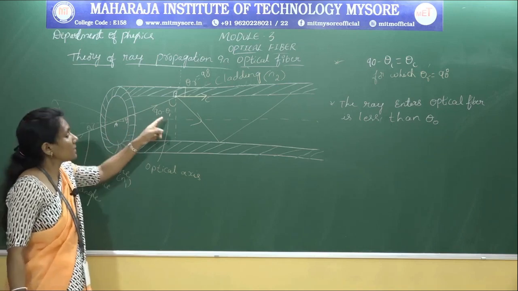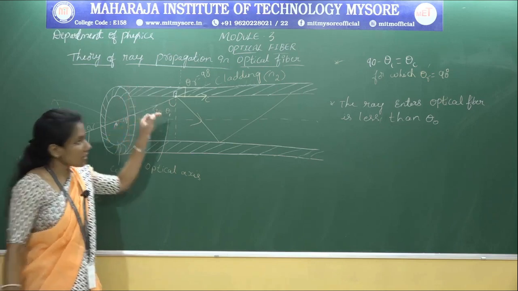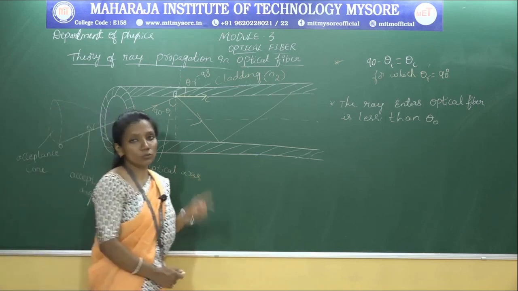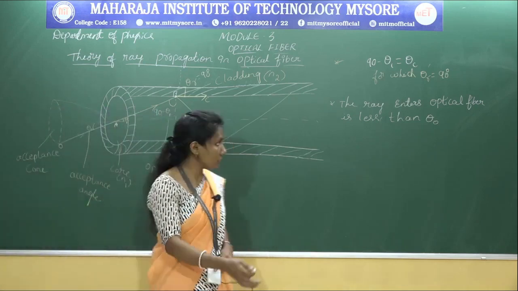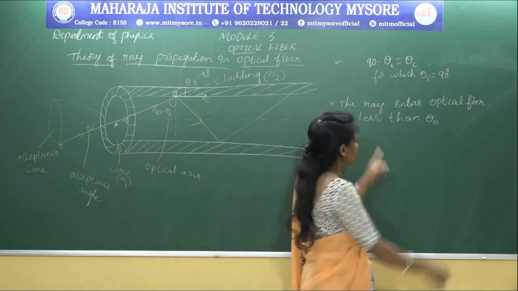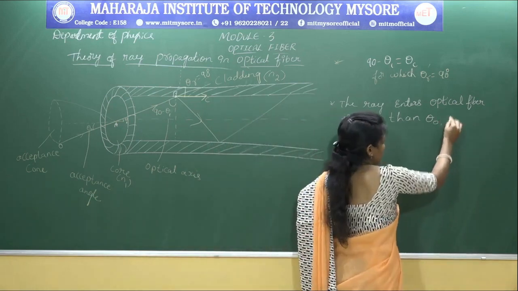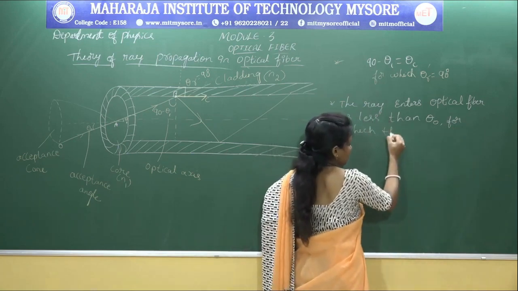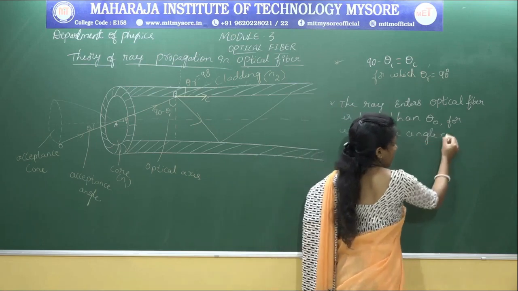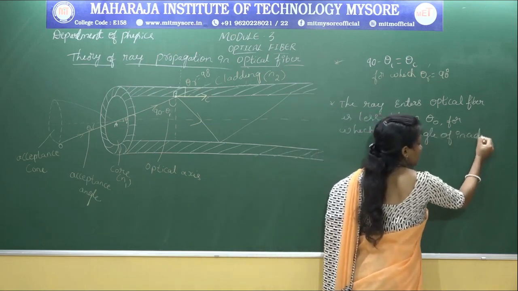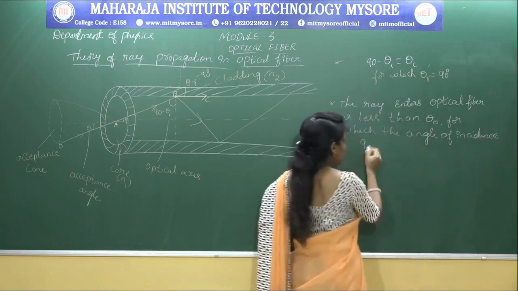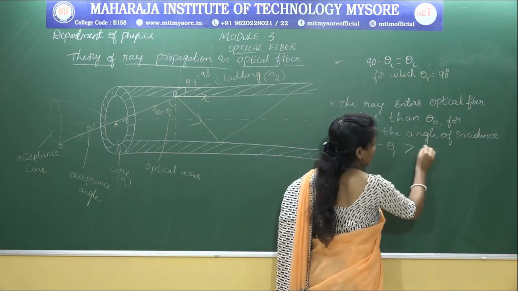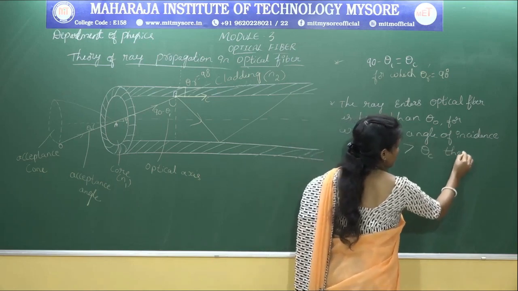This light ray's angle is less than the acceptance angle. Then only the total internal reflection takes place. So, for a ray entering the optical fiber at an angle less than theta naught, the angle of incidence 90 minus theta 1 is greater than the critical angle. Then the total internal reflection takes place.